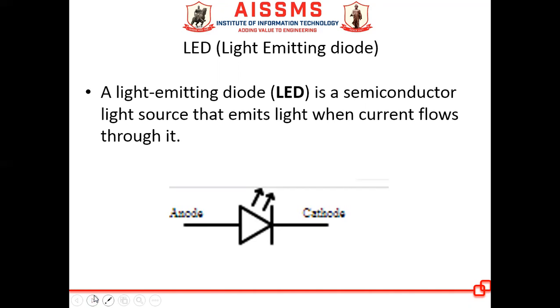When you forward bias this LED, then it emits light. You need to use a current limiting resistor in series with the diode to limit the current.